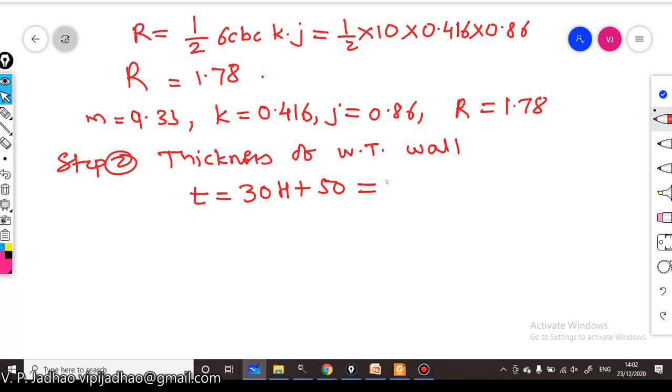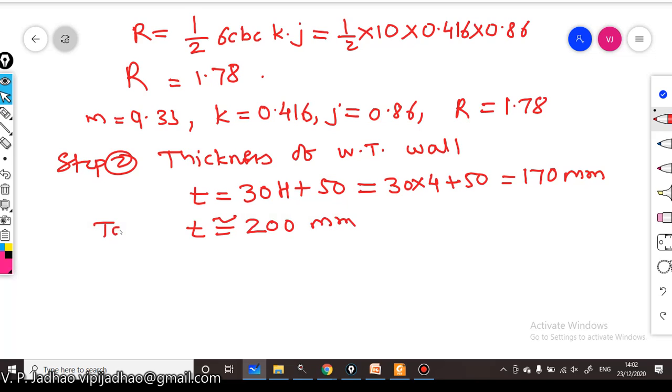We have H is equal to 4 meters, that is the height of the water tank. So 30 into 4 plus 50 comes out to be 170 mm. Let us take T approximately equal to 200 mm. So the thickness of the water tank wall is equal to 200 mm. We have H is equal to 4 meters and diameter is equal to 7 meters.